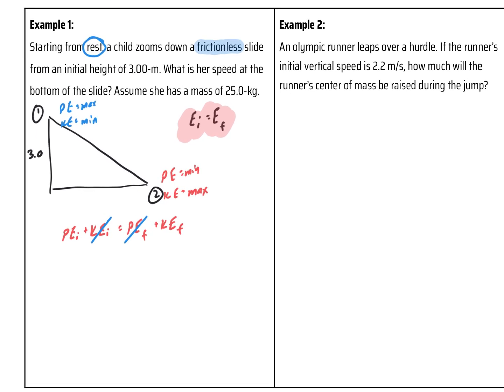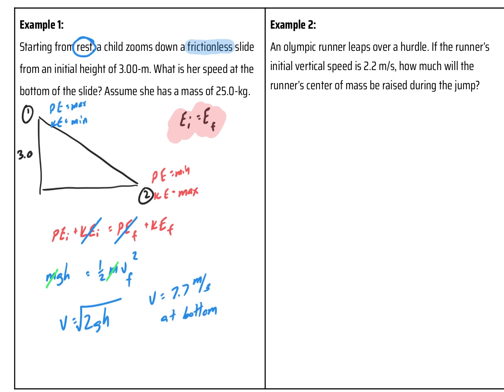So potential energy initial, that's mgh, equals 1/2 m v sub f squared for that final velocity. Here, the masses cancel. With a little bit of math, I get v equal to the square root of 2gh. When I put the numbers in, I should get about 7.7 meters per second at the bottom of the ramp.